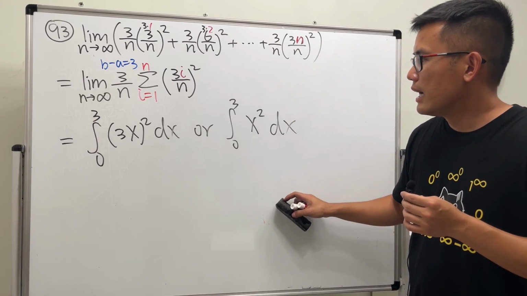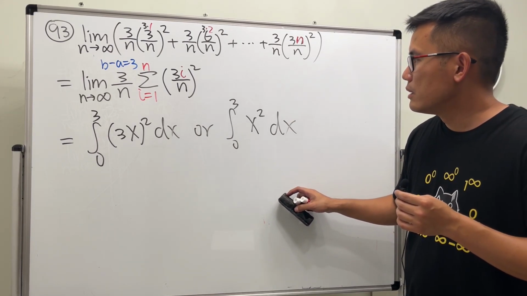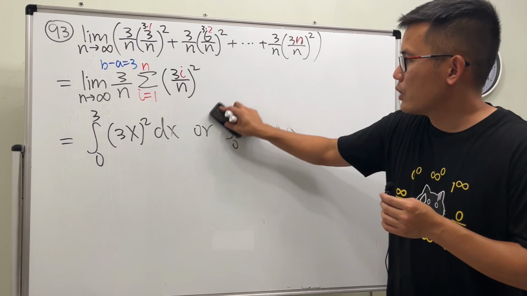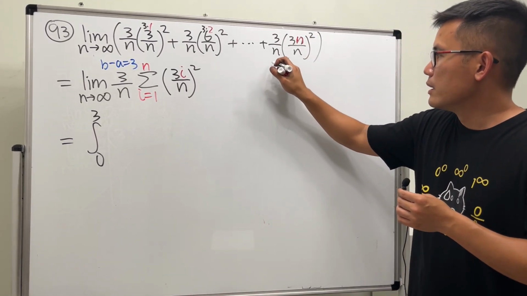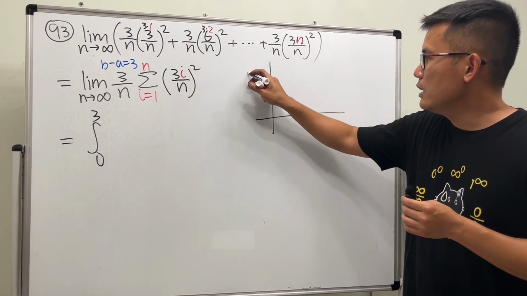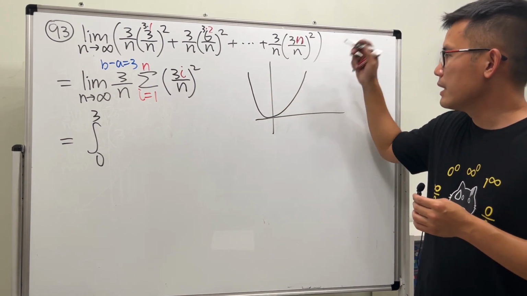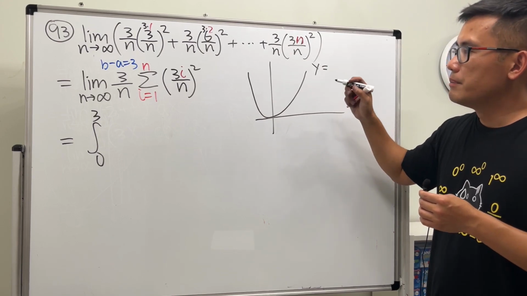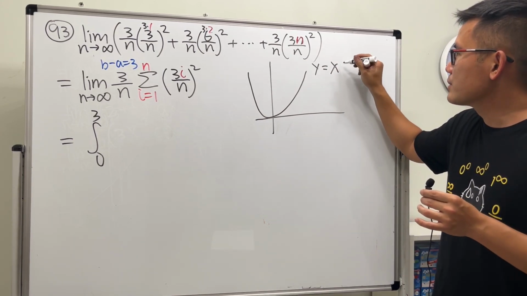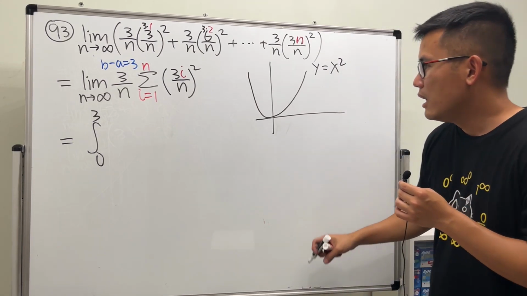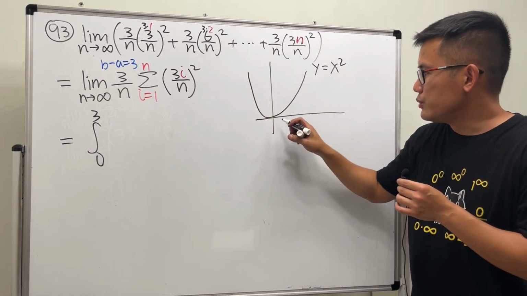And I'm going to perhaps just erase this, and I'm going to just give you guys a picture right here real quick. So you see, when we have x to some power, it's actually just x to the third power. But no, kidding, just kidding. X to the second power. Because we're going from 0 to 3, right?